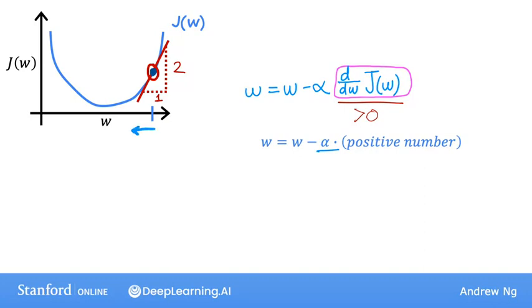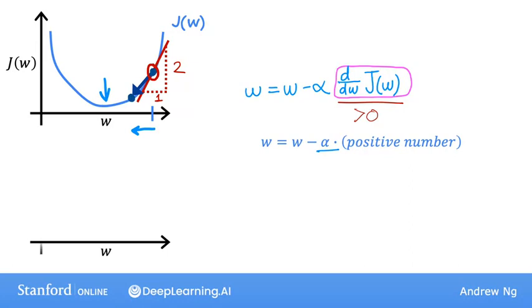We are decreasing the value of w. You may notice that this is the right thing to do if your goal is to decrease the cost J, because when we move toward the left on this curve, the cost J decreases and you're getting closer to the minimum for J, which is over here. So far, gradient descent seems to be doing the right thing.